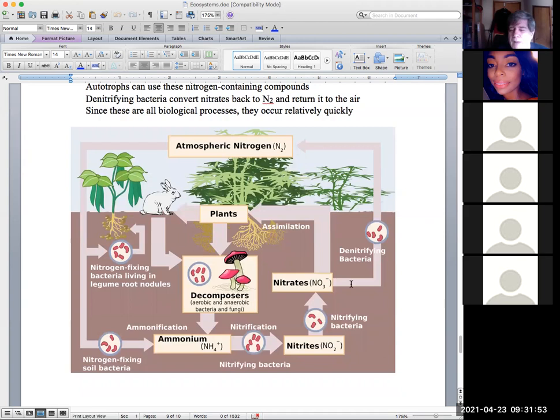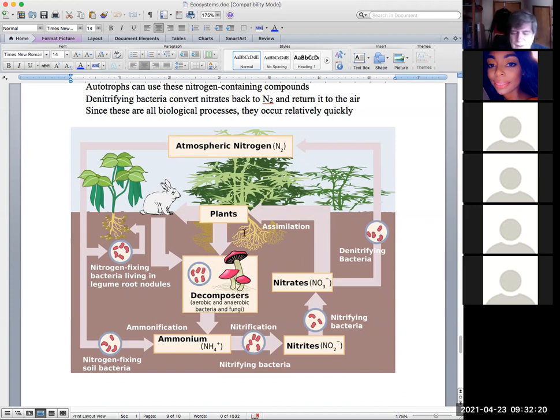Now, there's a big problem for living organisms, which we've mentioned once or twice already this semester. Most living organisms can't use N2. They simply have no way to access it. You could put a plant in a room full of N2, and there's no way it would be able to use that N2 if it was just that plant by itself.